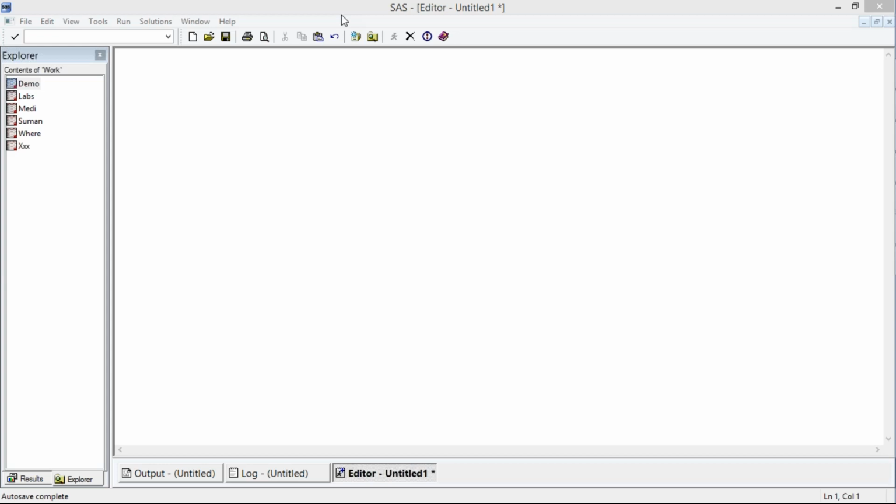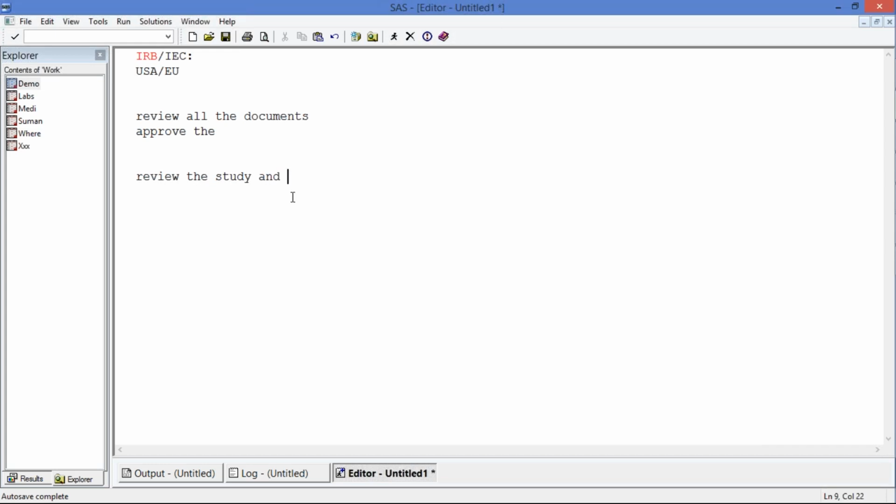They will review the study, how the study is going on, and they will approve the clinical trials also. They review whether the study is going on as per the regulations.